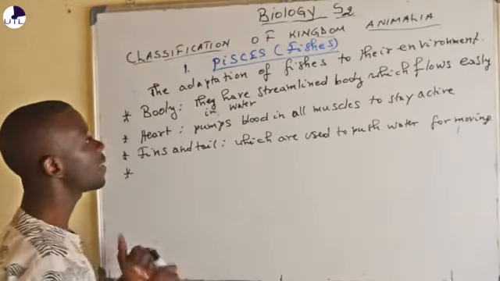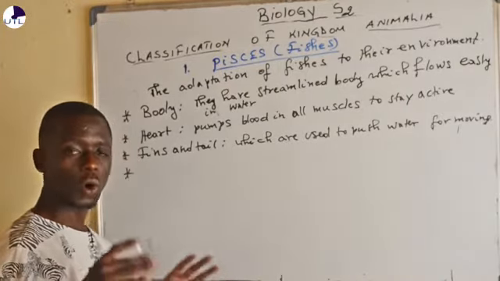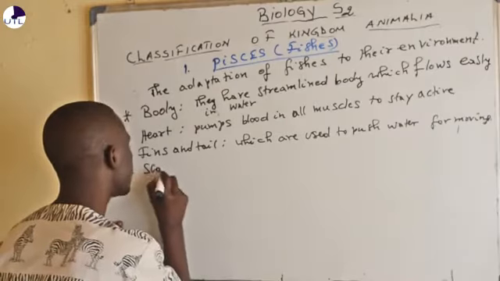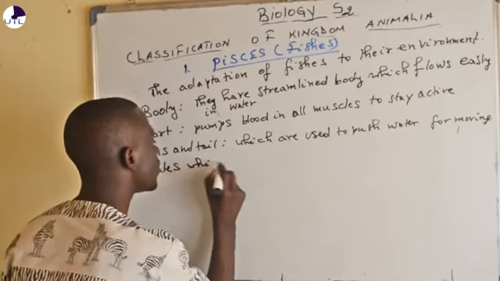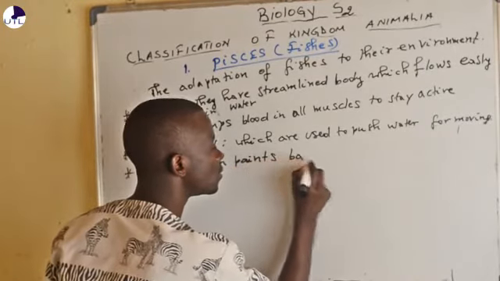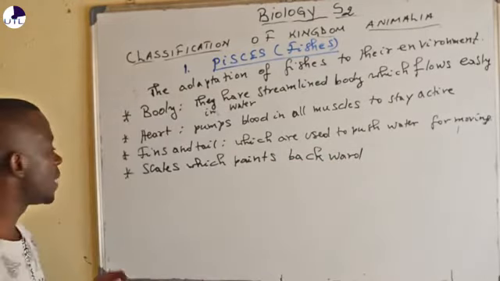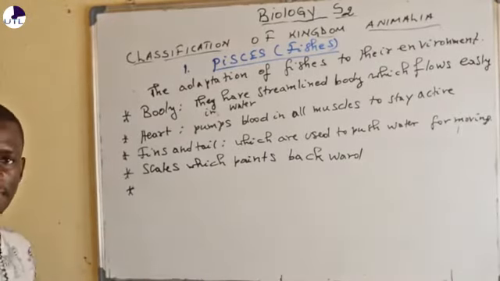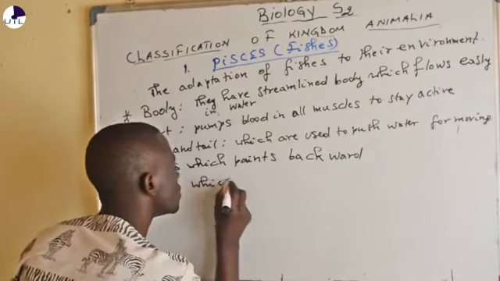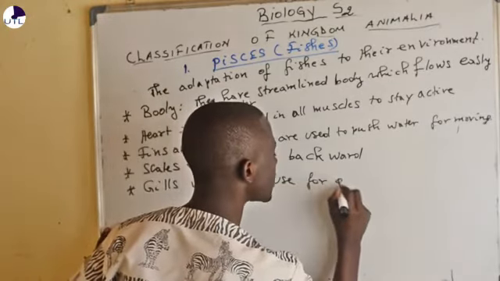Another adaptation of fishes is that all of them have scales which point backward. They also have the gills which they use for gaseous exchange.